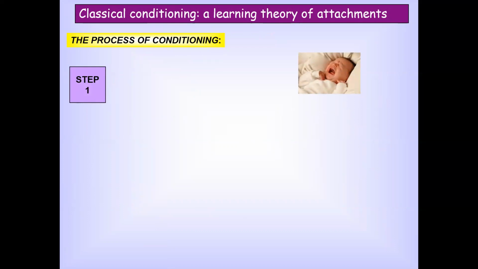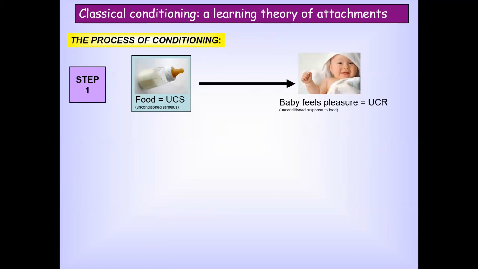Step 1. We have the baby that's crying. The food comes along. The baby feels pleasure and it becomes happy. So food, again, unconditioned stimulus. And once the baby is eating, it feels the pleasure. So that pleasure is the unconditioned response.